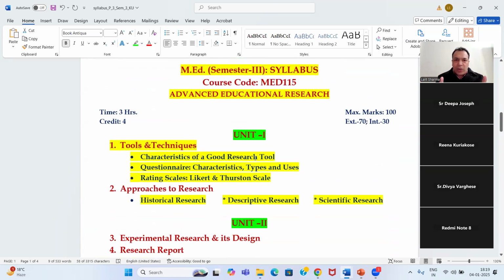And guys, already if you remember, in the last lecture, I have already told you the main paper of this semester is the third paper, right? The name of the paper is Advanced Educational Research. Okay, so take it seriously. Actually, we are discussing the 2 papers. Okay, I tell you how.